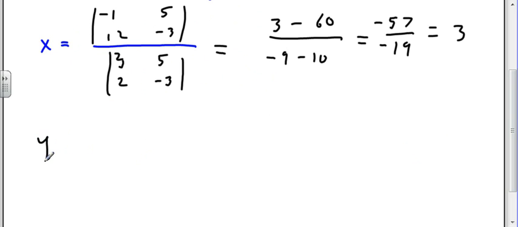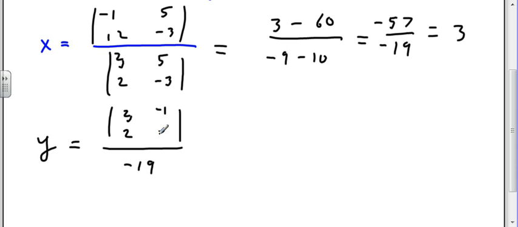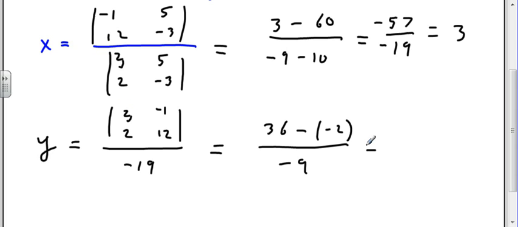And then for y, I'm going to say, well, on the bottom I have minus 19 because nothing changed. And on the top I have 3, 2, minus 1, 12. So I've got 36 minus a minus 2 divided by minus 19. 38 divided by minus 19 appears to be a minus 2.